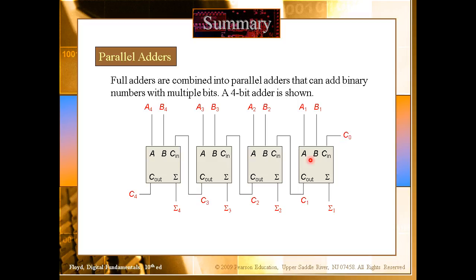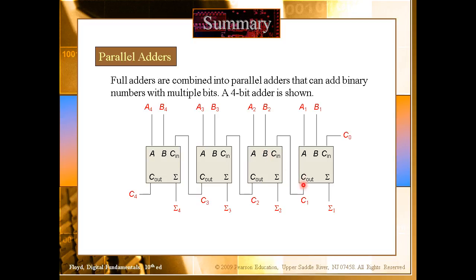But every other time, if you see here, we are adding these 2 bits and we are getting the sum. But whatever the carry we are getting, that carry is actually shifted to the next column. This is exactly how we add, right? Remember, when we add a column, if you get a carry, you put the carry to the top of the next column, right? That's exactly how we are working here.